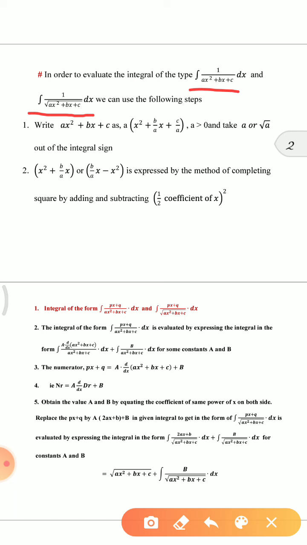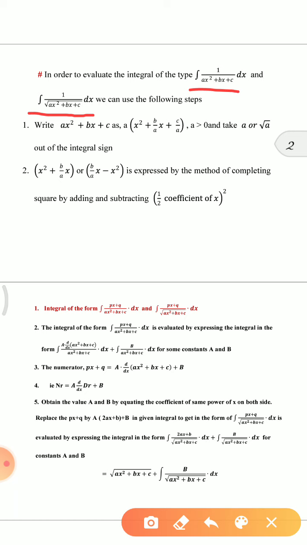Take a or under root of a out of the integral, because this a is a constant; we take it outside of the integral. Next step: x square plus b by a x is expressed by the method of completing the square, by adding and subtracting the square of half the coefficient of x.